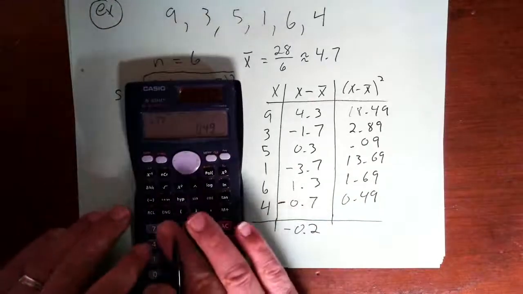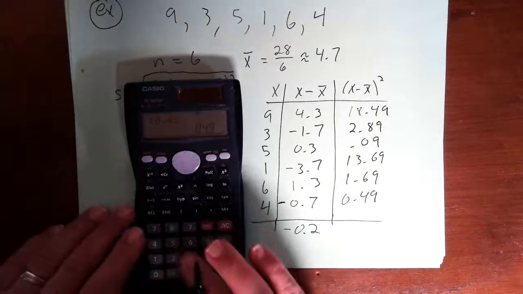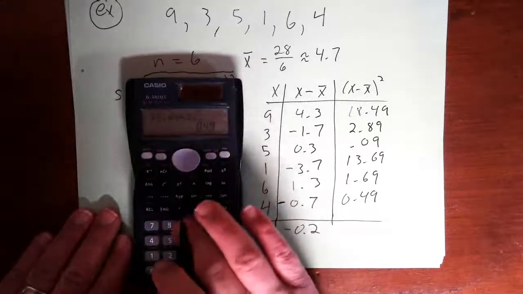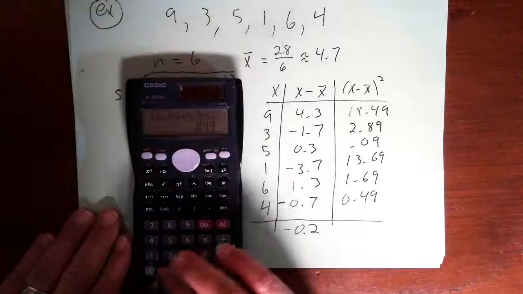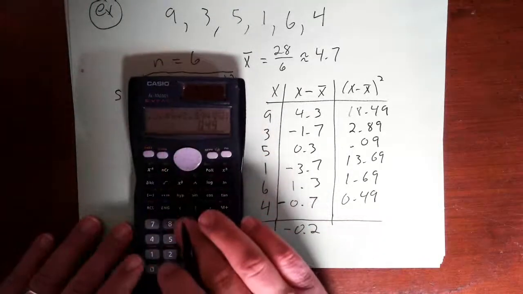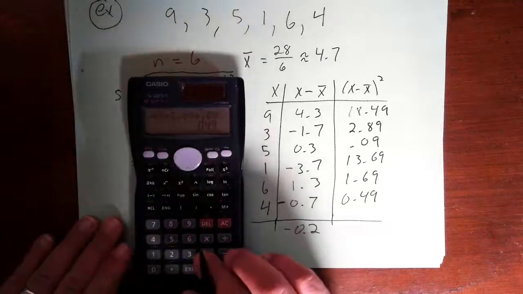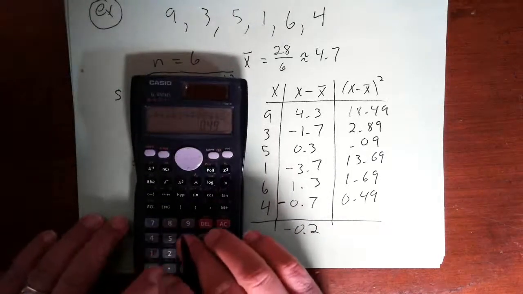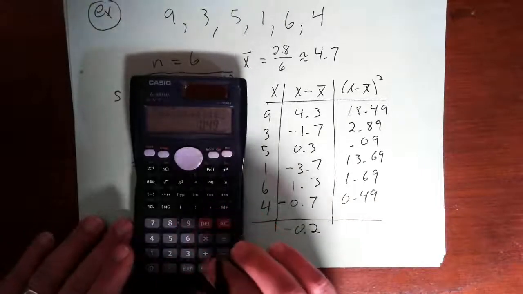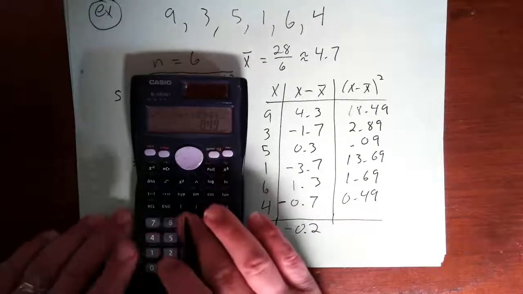So now I have to add all these up: 18.49, 2.89, 0.09, 13.69, 1.69, and 0.49.